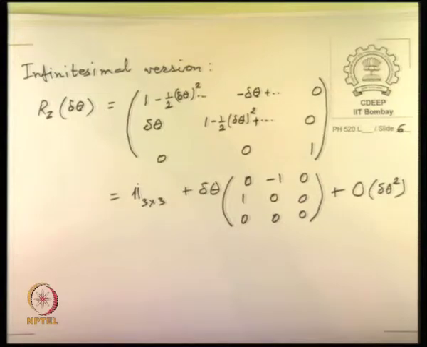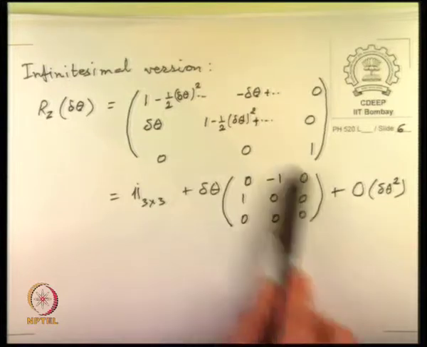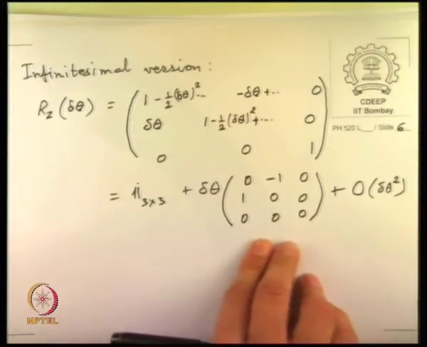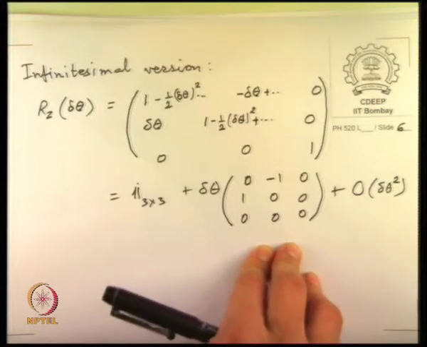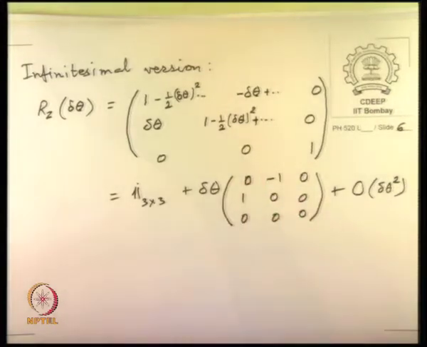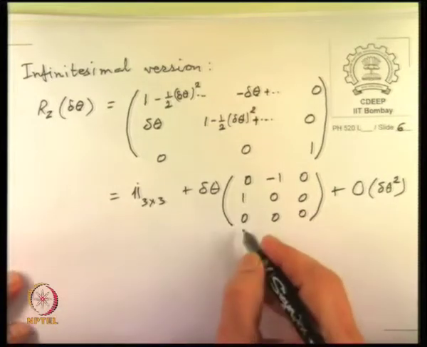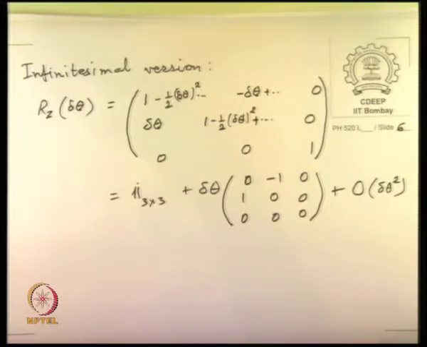So, the infinitesimal version suggests this matrix which has no numbers in it, it is just ones and minus ones, and it is antisymmetric like this. Similarly, we can check that. So, this we call L subscript Z.